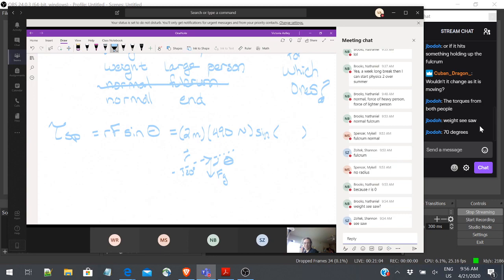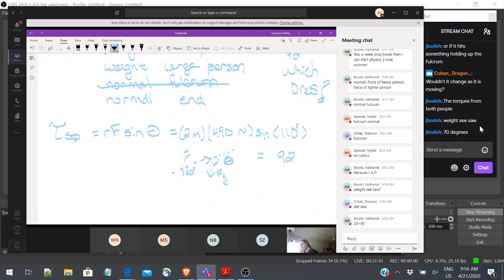What's theta going to be? 70 degrees. Looks like it's going to be more than that. 20 plus 90, 110. But due to symmetry, you'll probably get the same answer. So we do 490 times 2 times the sine of 110 degrees. Yep. So I get 921 Newton meters. Is this positive or negative?